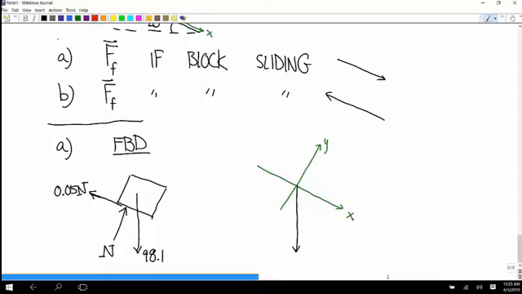Whatever the angle is with the horizontal, that's the angle between the weight force and the negative y-axis. So we know that this angle is 20 degrees. This is the theta we want. In this configuration, it's 270 to get to the negative y-axis, and then we have to go 20 more. So this is 290.